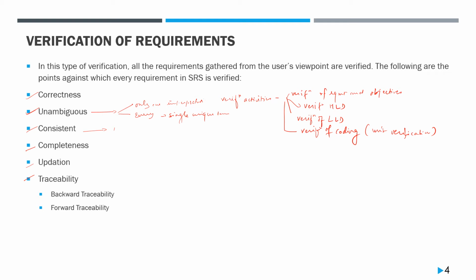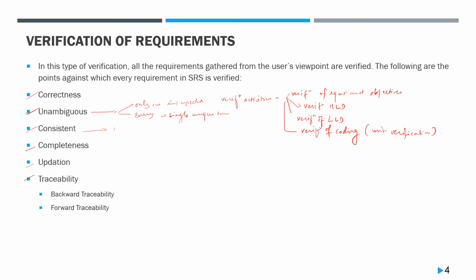So be careful. Then third, conflict in terminology should be verified. For example, at one place the term process is used, while at other places it has been termed as task or module. So this must be consistent. Then come to completeness. The requirements specified in the SRS must be verified for completeness.